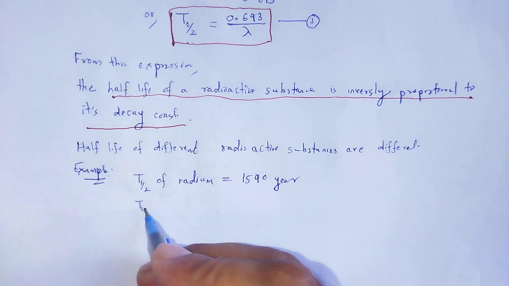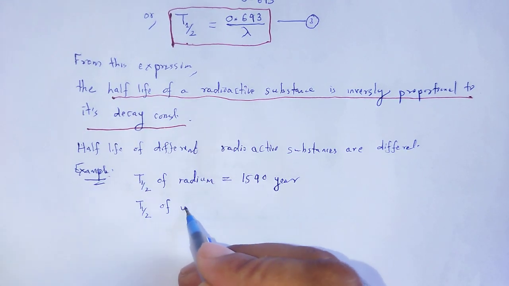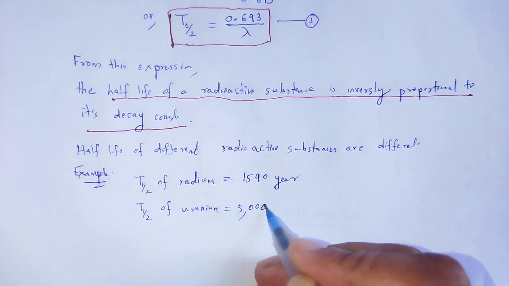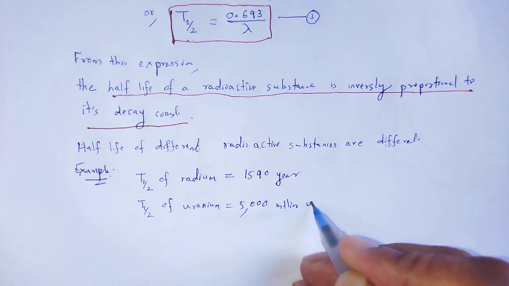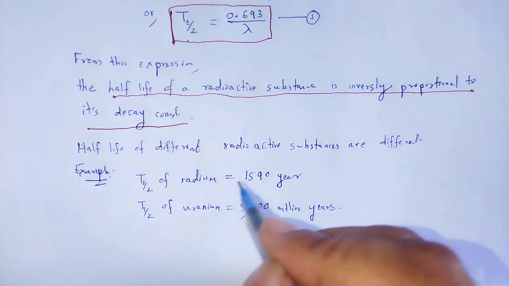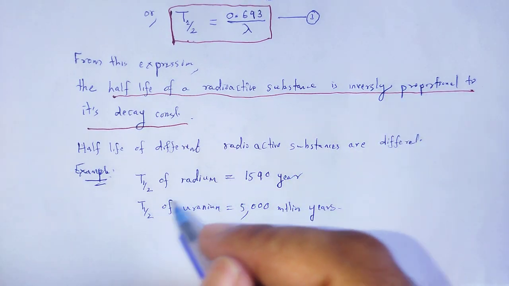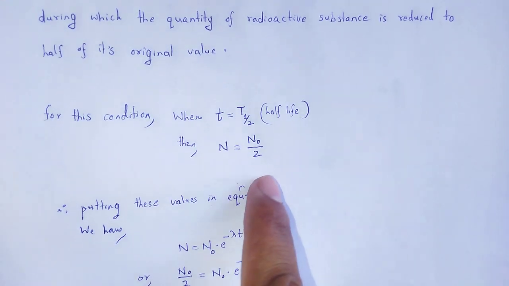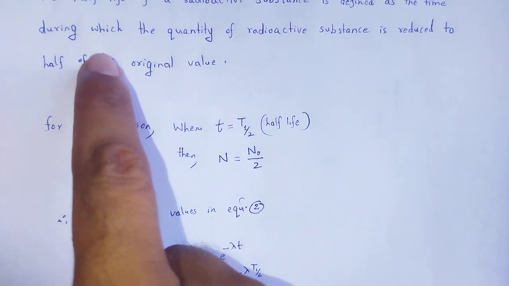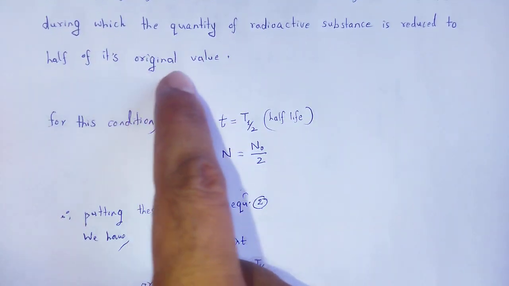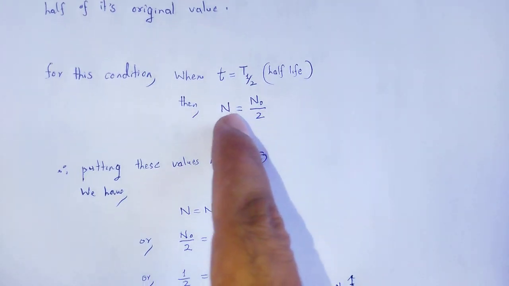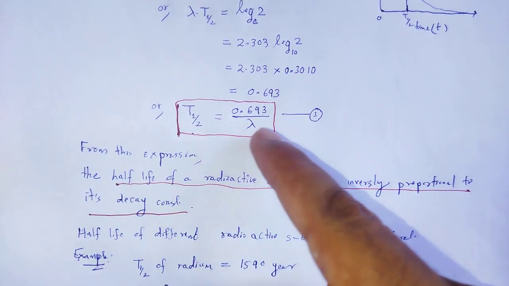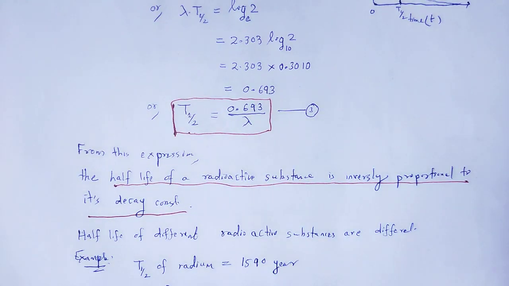At the same time, T half of uranium is around 5000 million years. So, different radioactive substances have different half lives. Half of its original value disintegrates in that lifetime, which we call half life, and it is mathematically calculated.